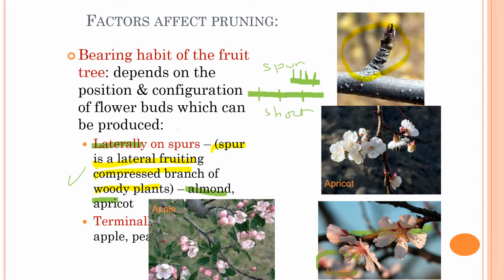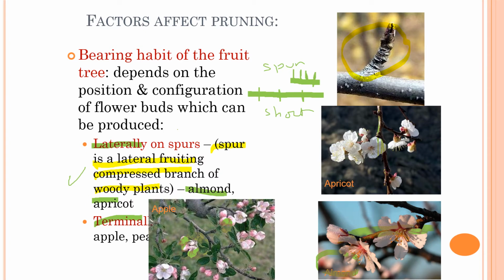The same thing applies to apricots. You can see this is a spur, and you can see all the flowers along the small branch, which is called a spur. Now, apples and pears are examples where the fruit is carried terminally on a spur. This is one spur, and this is another spur. At the end of that spur, they do the fruiting.